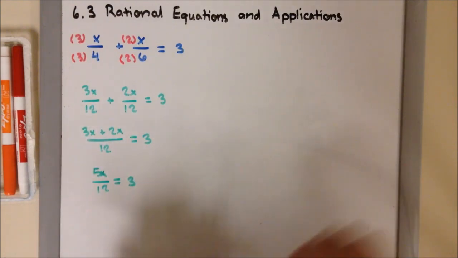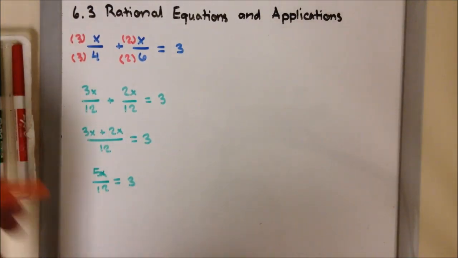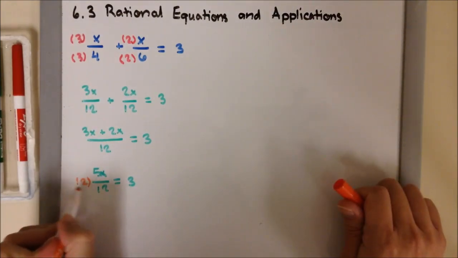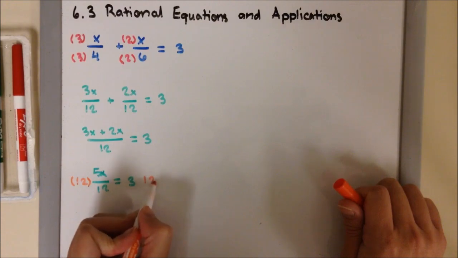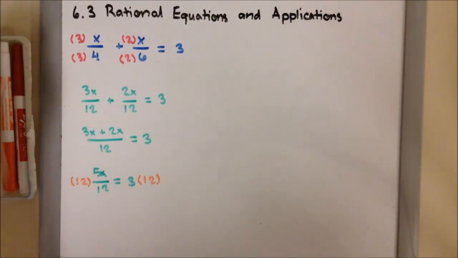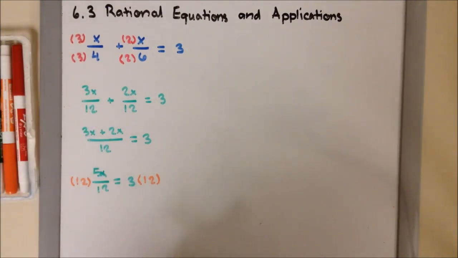3x plus 2x, that's 5x. Since we have a fraction and we're trying to solve for x, I'm going to multiply by 12 on both sides. That way, when you multiply by 12, I won't have a fraction. I'm simply going to have just 5x.